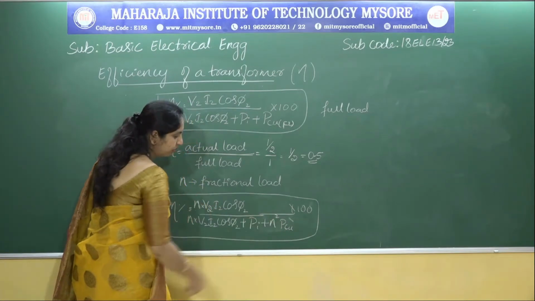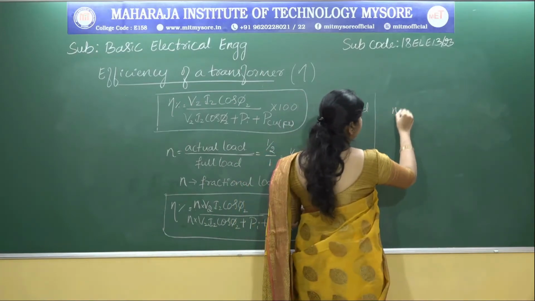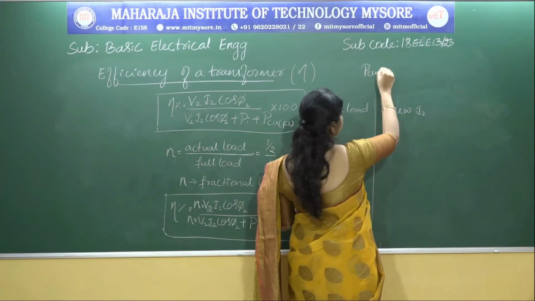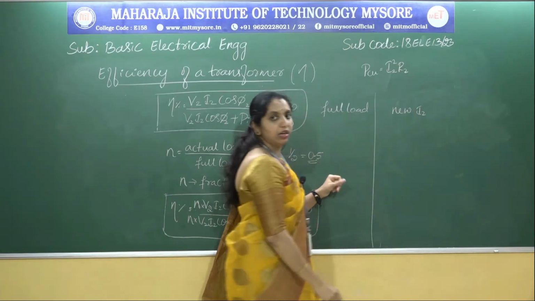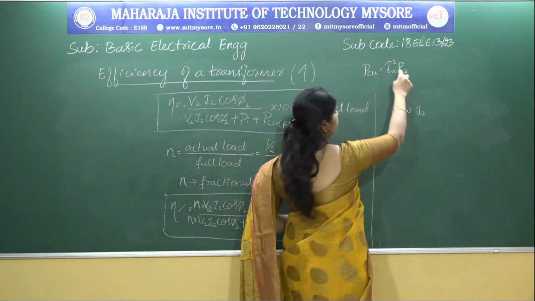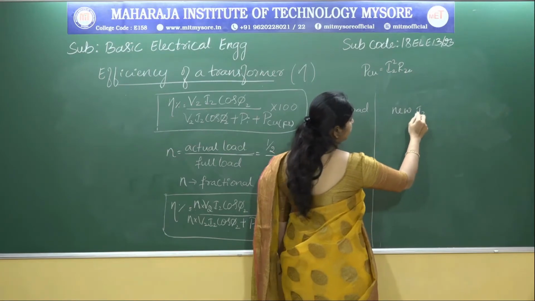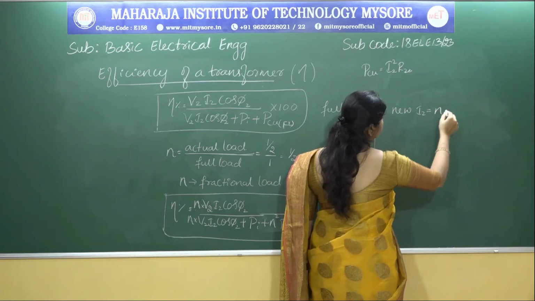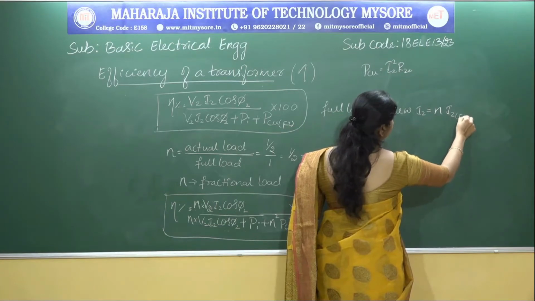Why is it n square into PCU? If we consider the new I2, what is PCU? We can express it as I2 square into R2, as we have already discussed. The copper loss PCU can be expressed as I2 square into R2. Here the new I2, for the fractional load, can be expressed as n into I2 full load.